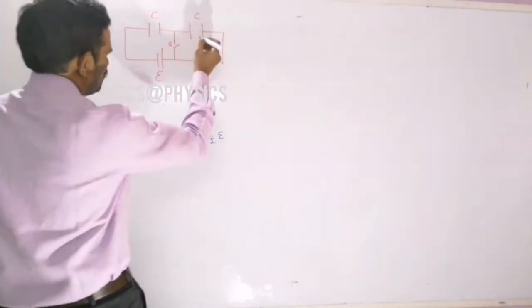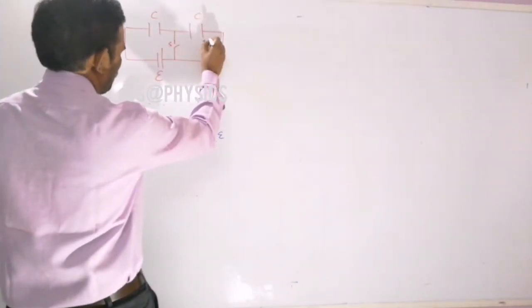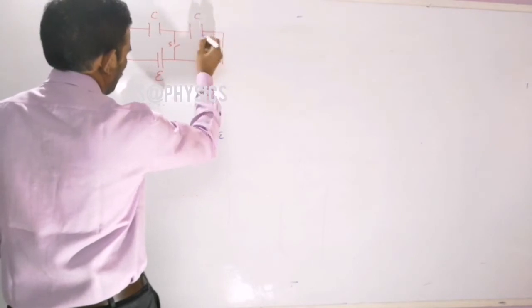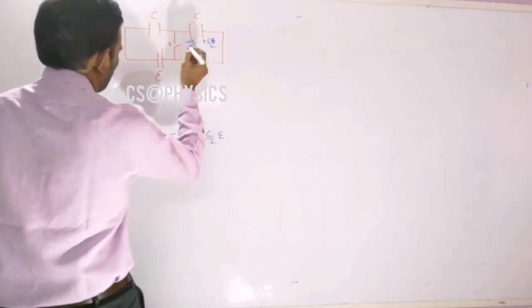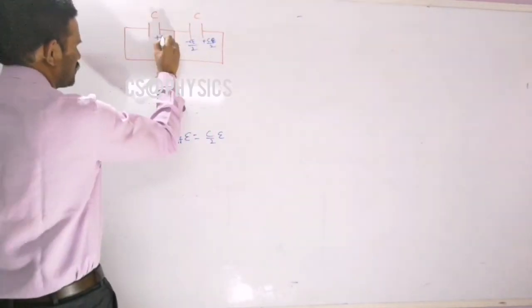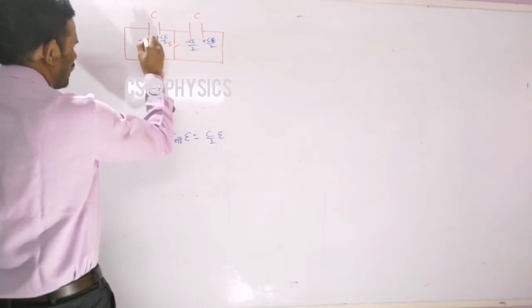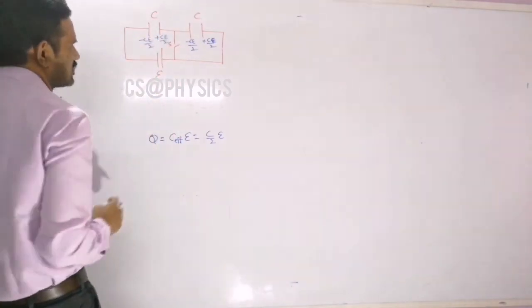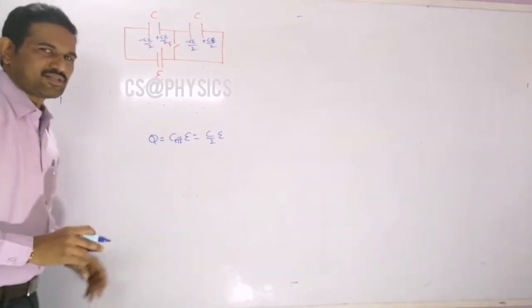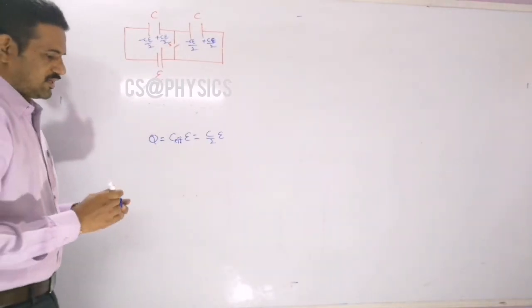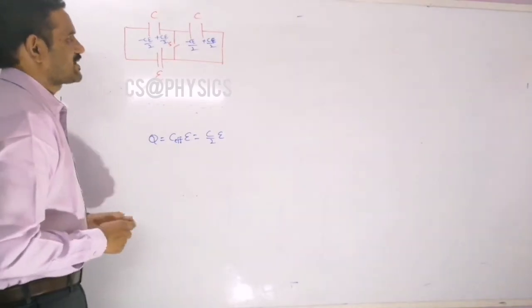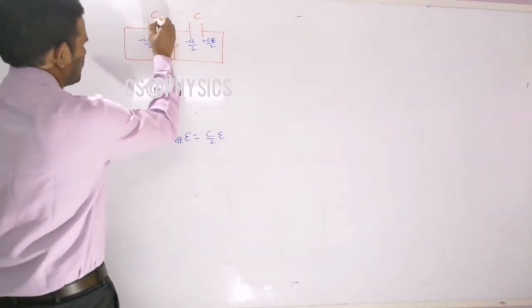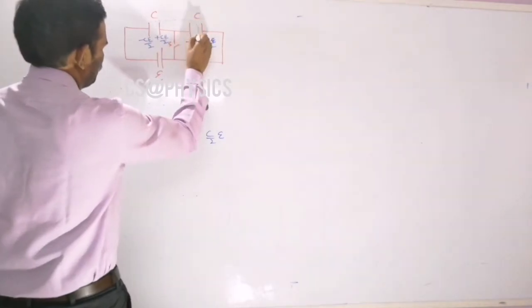This is the positive plate here, so this side plus CE by 2 and this is minus CE by 2, right? So this is CE by 2, minus CE by 2, and this is minus CE by 2. Is it clear? Both are same charges, and since the capacitors are in series, same charge must exist on them. And so again let us consider the isolated plates here. That means again I am taking these two plates here.